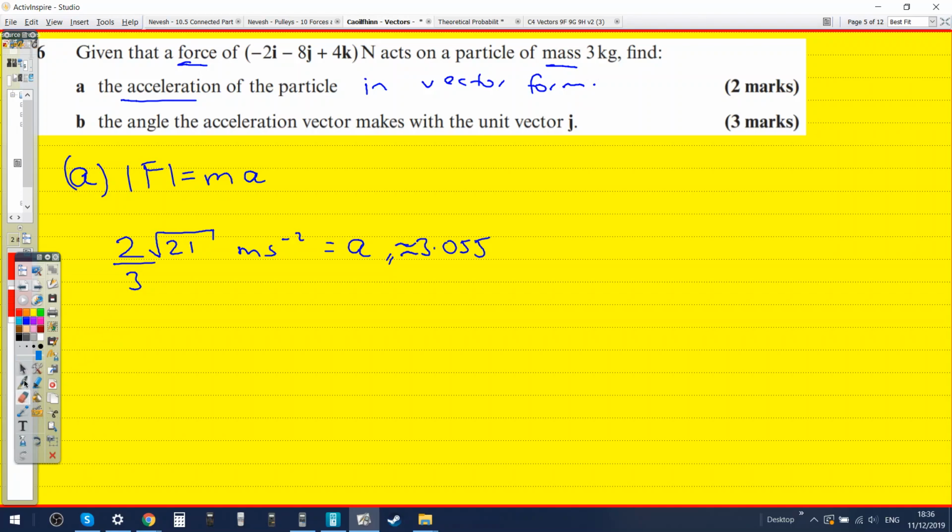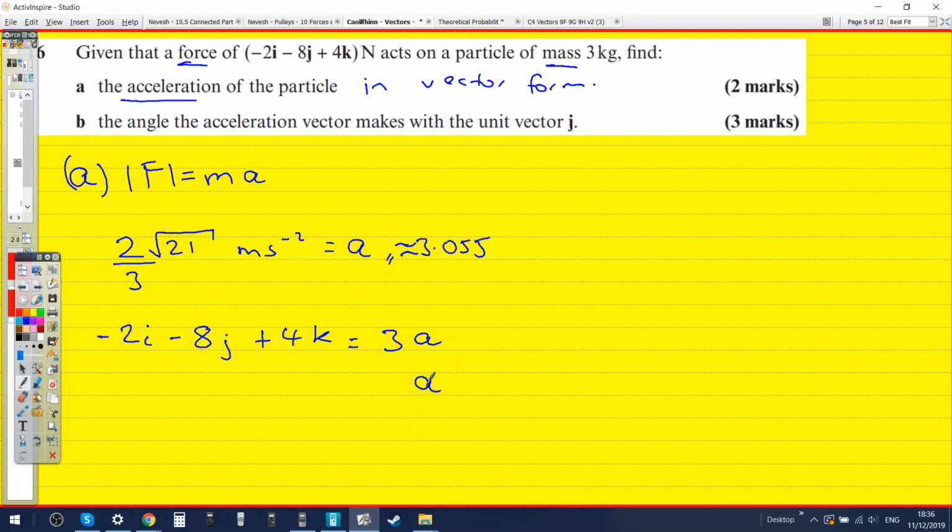So we have to say what this would be as a vector, not as the resultant. So this is minus 2i minus 8j plus 4k is equal to 3a.